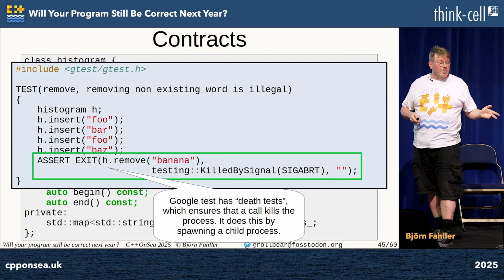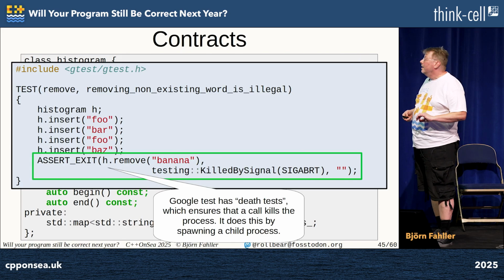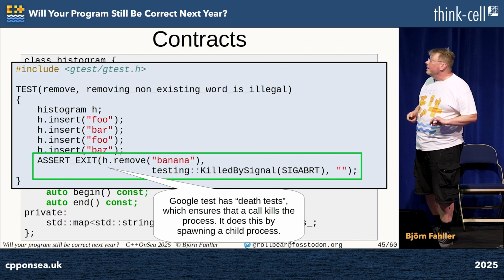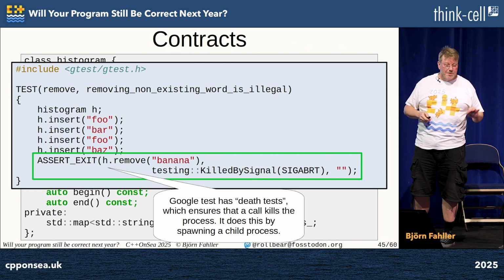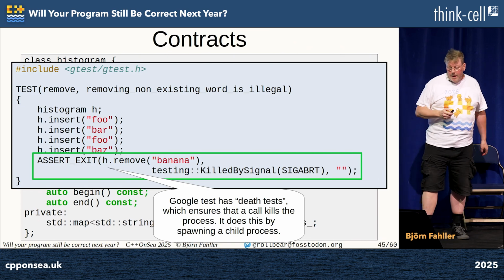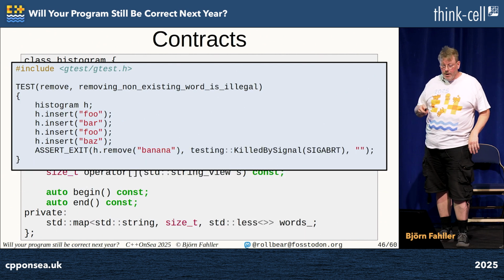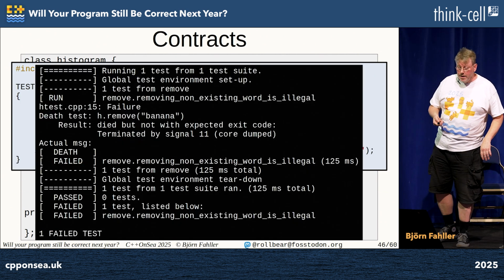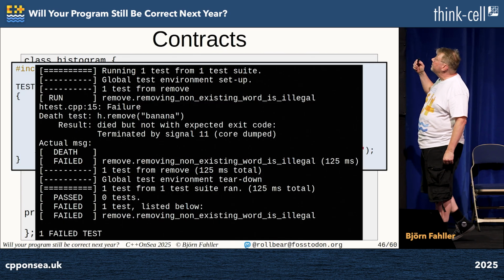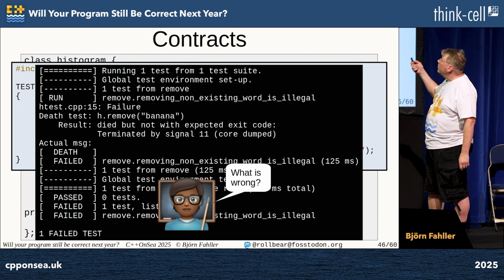I don't know what it does on Windows. It is in the documentation, but I forgot because I'm not a Windows developer. But it is available on Windows too. So I can run this, and here is a failure message from Google Test. What's wrong?